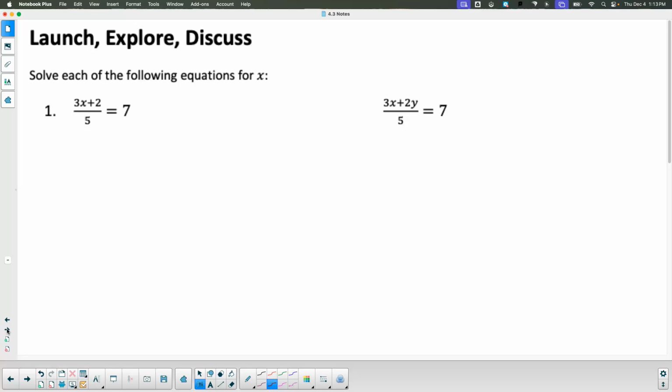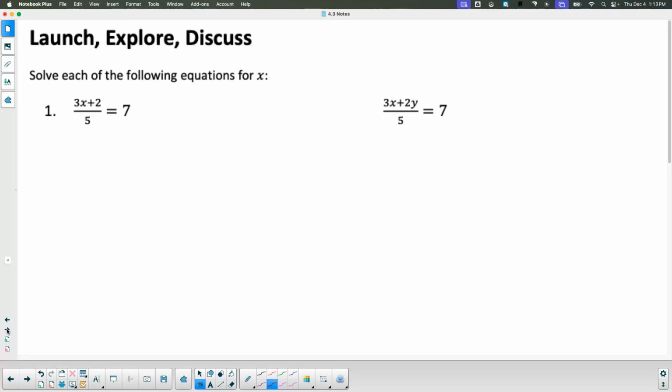It's got an exponent of 1. It's a linear equation. The problem with the right side looks very much the same, except this one down here on the right has both an x and a y in it. Okay? So that one is a literal equation, so we can't necessarily solve same steps, but we don't get a numerical answer for it. Okay?